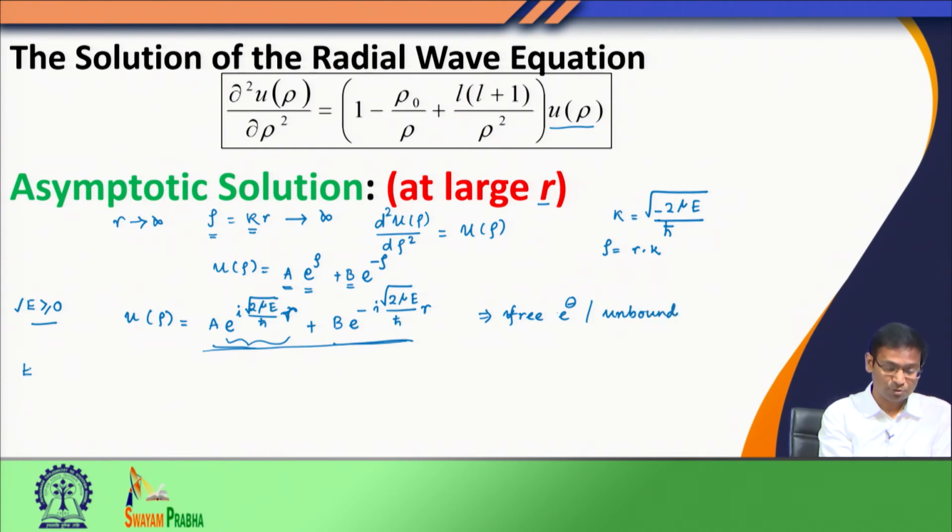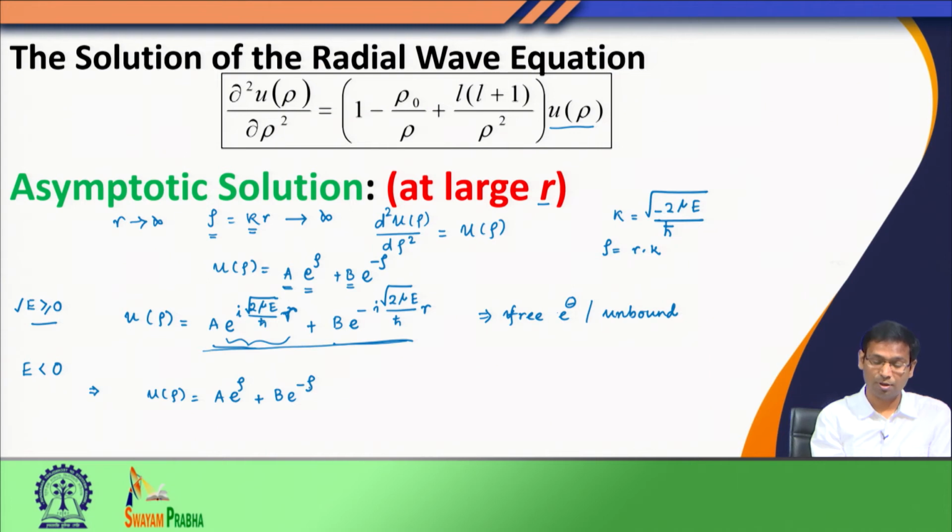I would now come to the other case where E is less than 0. When E is negative, I see there is already a negative sign here. So, this term overall becomes positive and k is real. So, when E is negative, u of rho is A e to the power rho plus B e to the power minus rho.